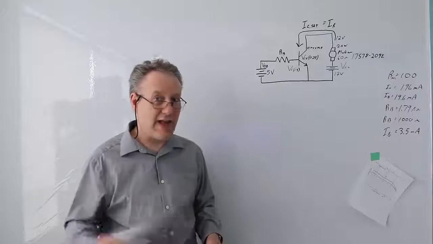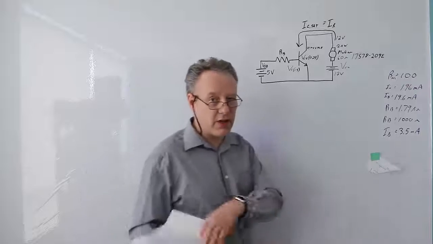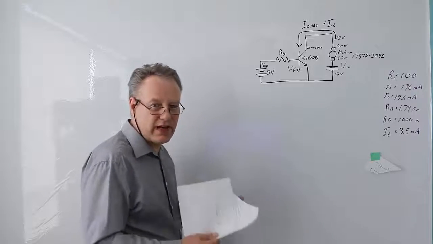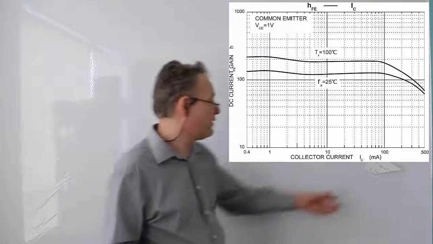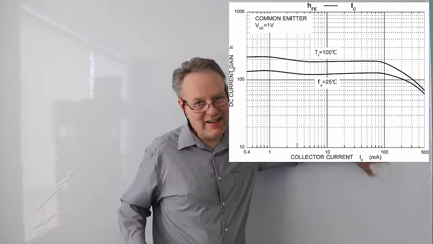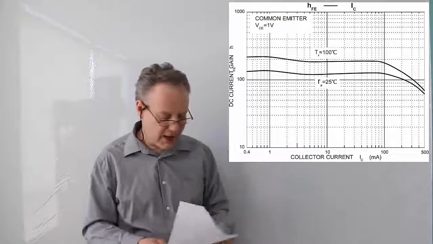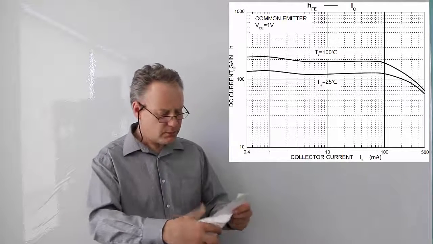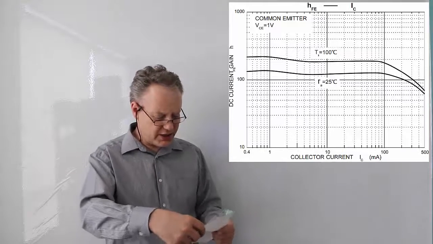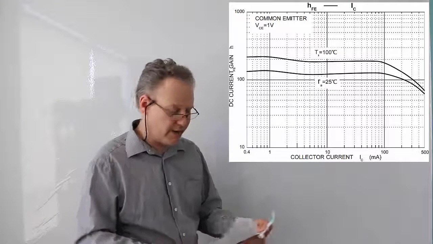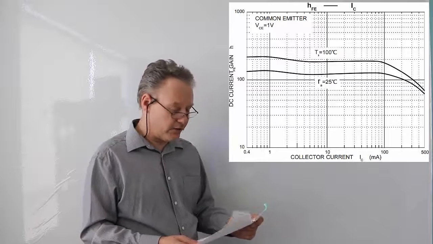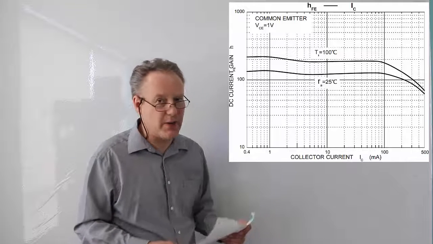Okay, so back to the gain. I actually want to look at how the gain changes. If we look at the gain chart, you can see that it changes quite a bit, and there are two graphs on here. One is for a really hot gain, and the other is for a cold gain. 25 degrees Celsius is what it's going to be operating at.